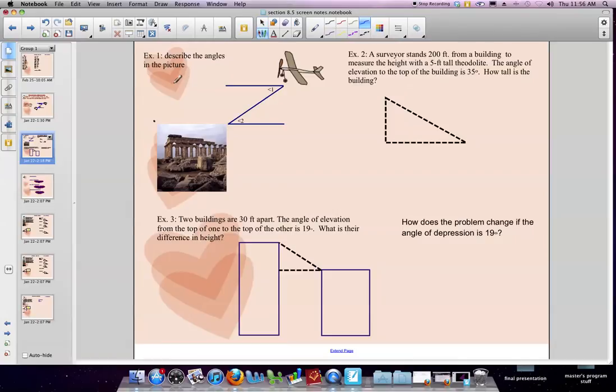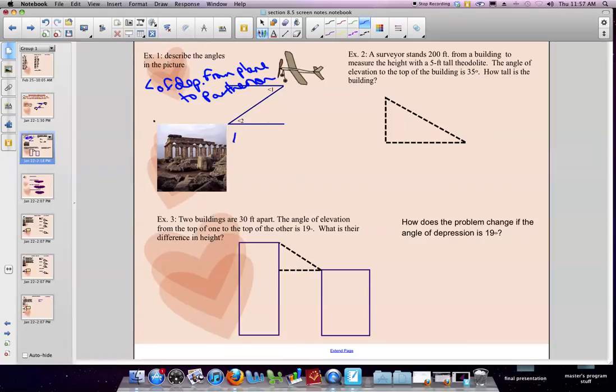It's important that you write from what to what. Okay, so we would say angle of depression from plane to Parthenon. In a similar fashion, if we were standing down at the ruins looking up at the plane, our line of sight would be horizontal going this way, and we would be looking up at the plane.